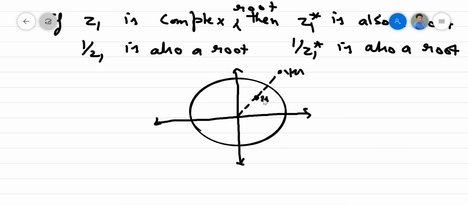If this is a complex zero, then there is a complex conjugate Z1 conjugate.